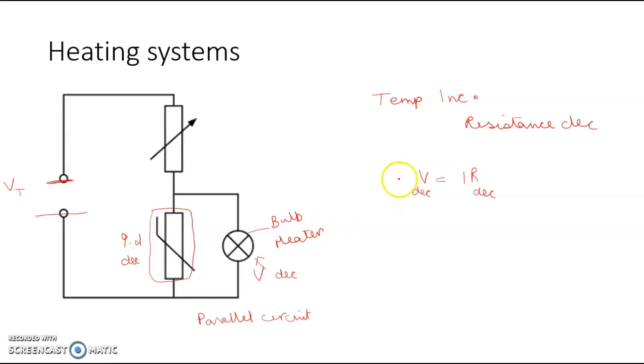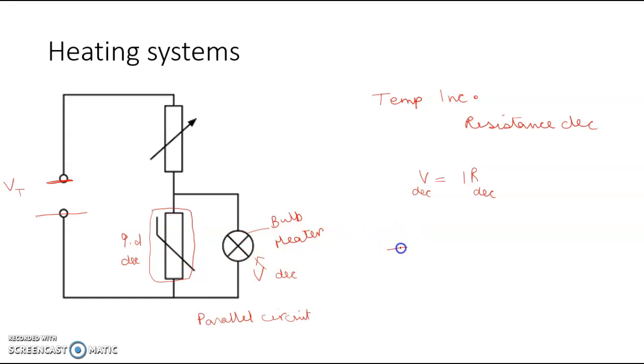So when the temperature is high, you don't want the bulb to light up and warm if you're heating up, let's say a fish tank, or if you're heating a pet tank, so you don't want that to light up. So when the temperature increases, this component does not work.